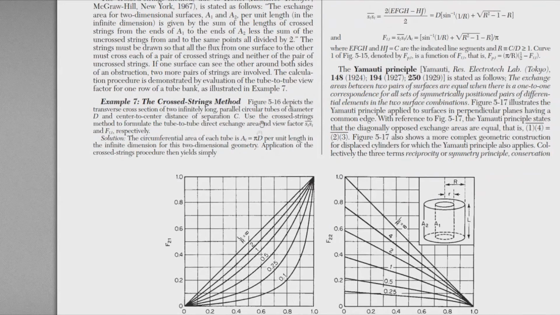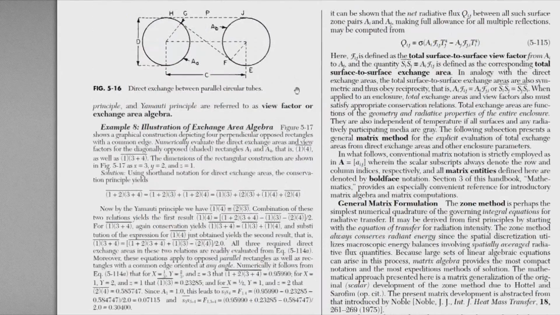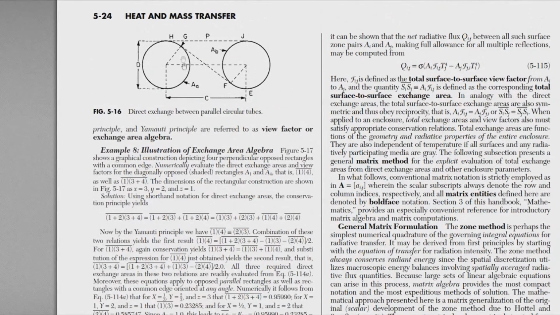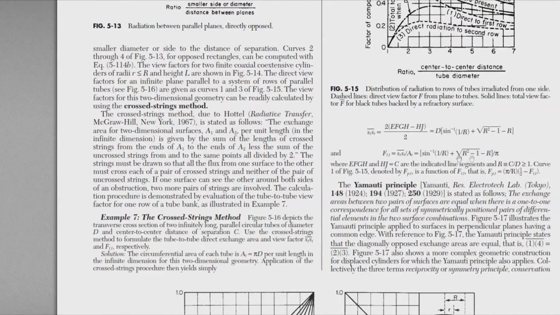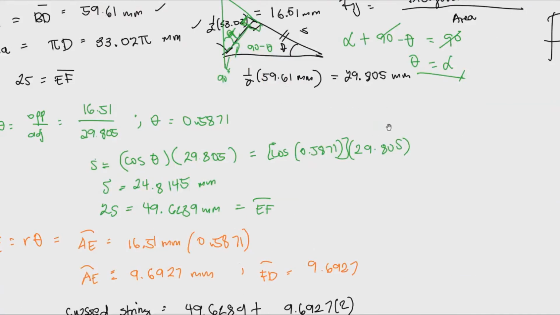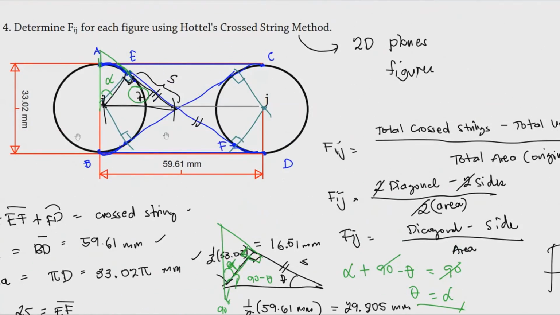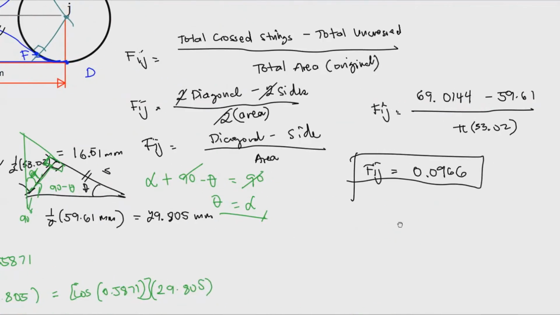There's an explanation here, and this is how it's done for the direct exchange for parallel circular tubes, and this is the shortcut of this value. And if you evaluate that using the same example that I've given you, then you'll find the same answer, that is 0.0966.